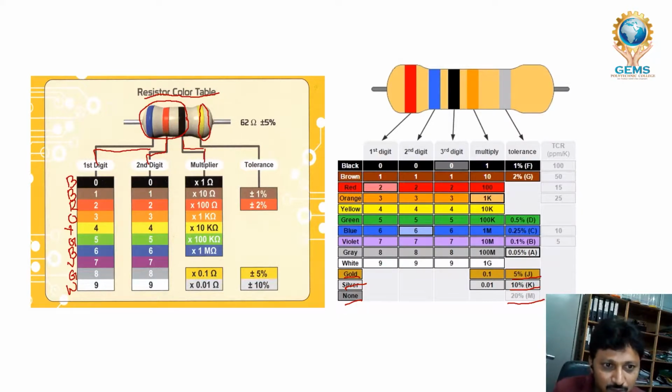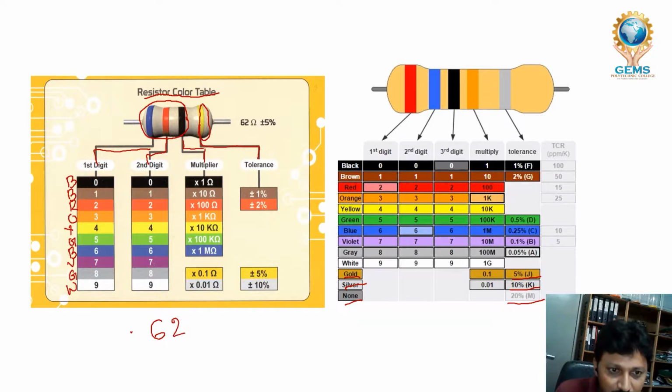See, for example, you take this resistance. Of course, this one is the tolerance. Yellow or orange, there are different tolerances. So to find this, what is the first band? Blue. It is a 6. First digit is 6. And the second digit? It is red, which is 2.